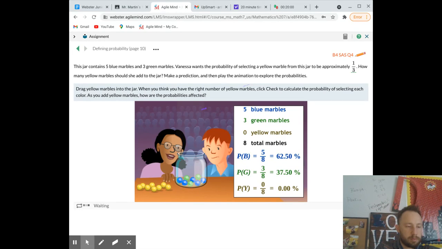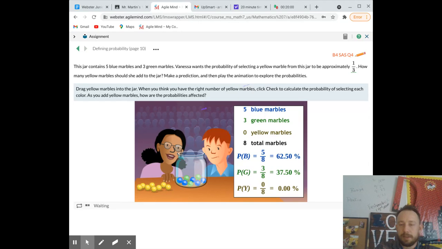Vanessa wants the probability of selecting a yellow marble from this jar to be approximately 1 over 3. How many yellow marbles should she add to the jar? Make a prediction and then play the animation to explore the probabilities.